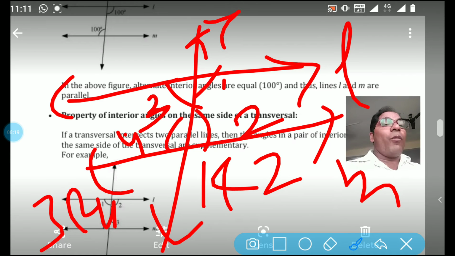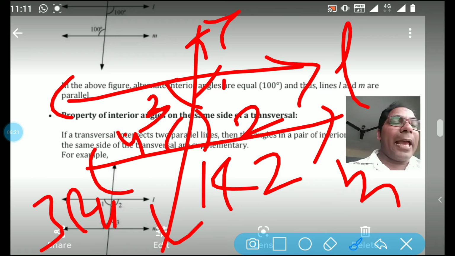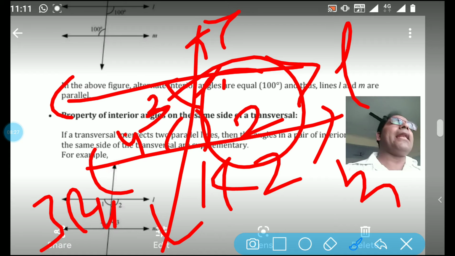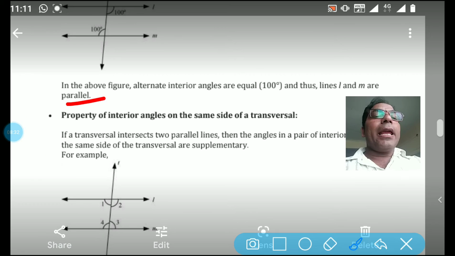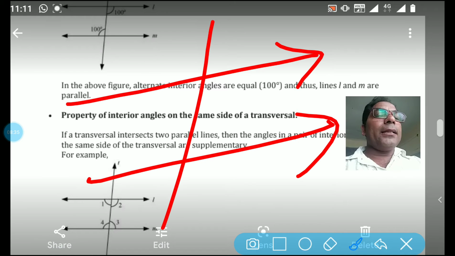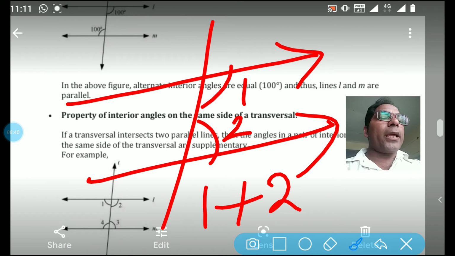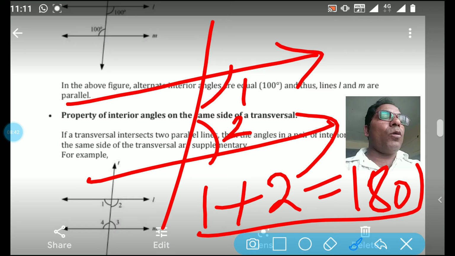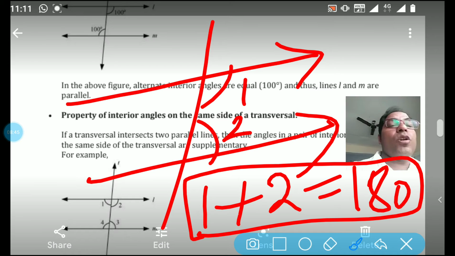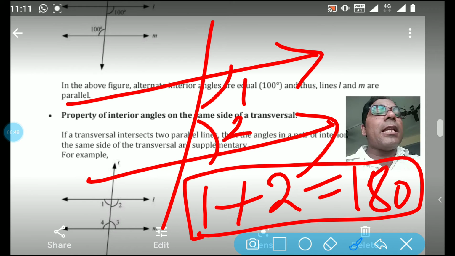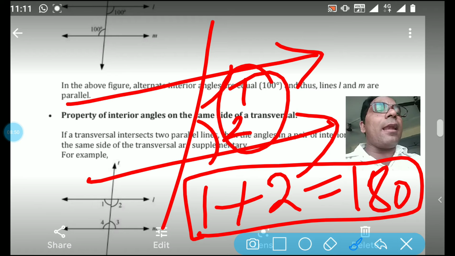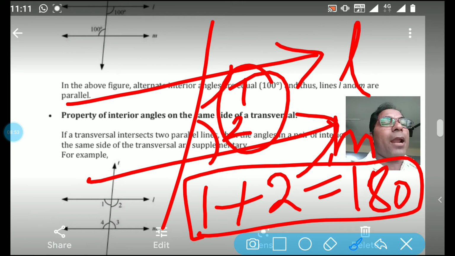But what will happen if these lines are parallel? If the lines are parallel, then the sum of these two interior angles should be 180 degrees. Like this, if the lines are parallel and we take interior angles 1 and 2 on the same side, then angle 1 plus angle 2 should be 180 degrees.